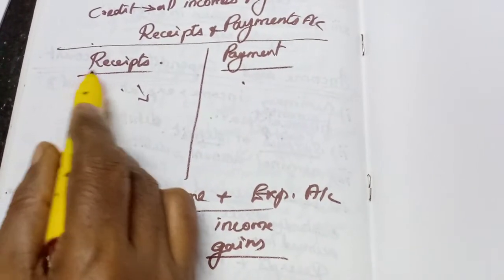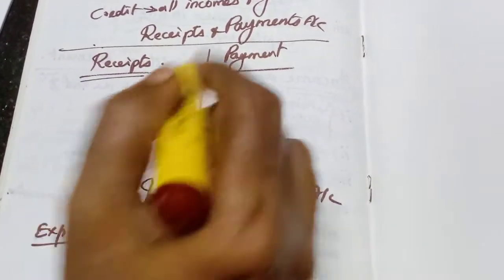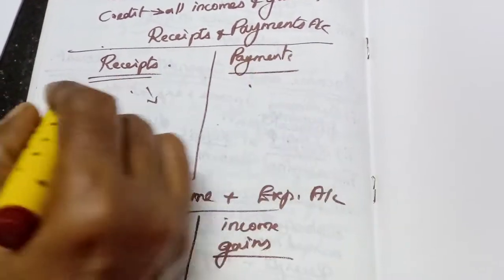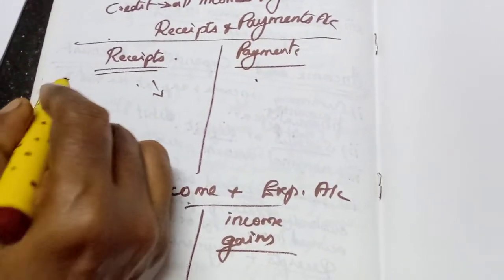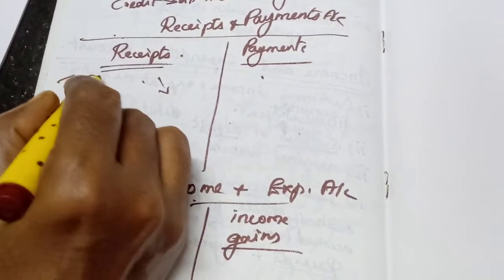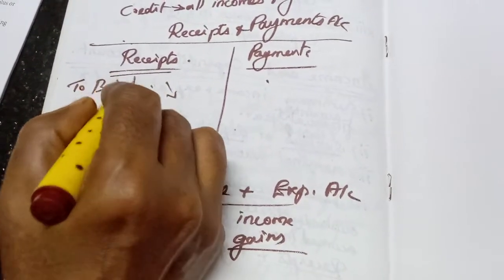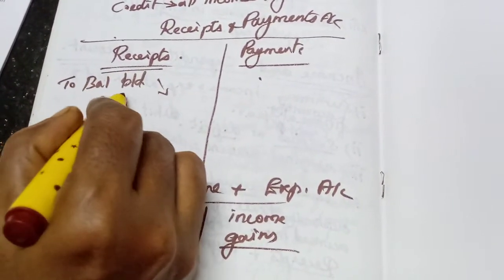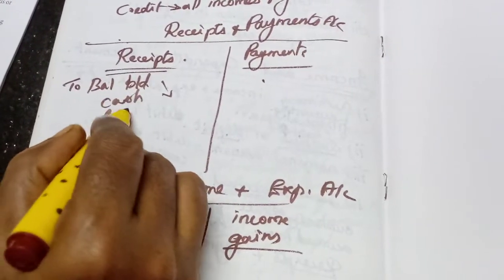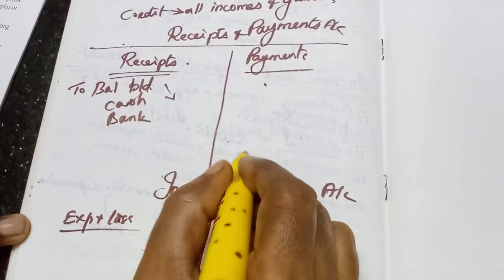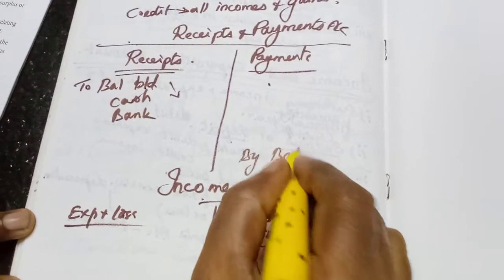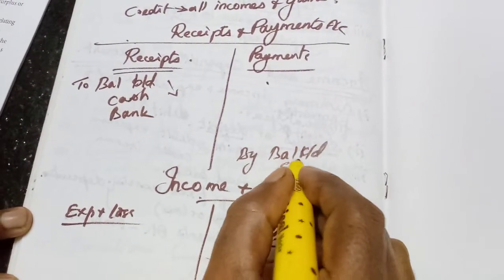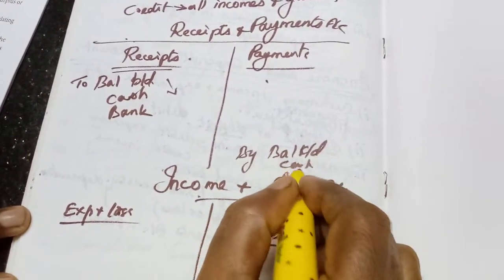The receipts and payments account will be given. The receipts start with the cash balance, to balance brought down, cash and bank, and end with by balance carried down, cash and bank.